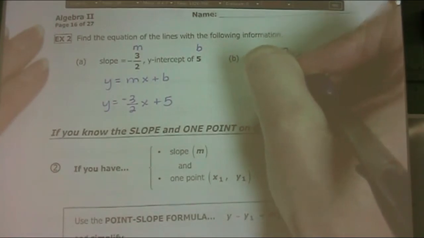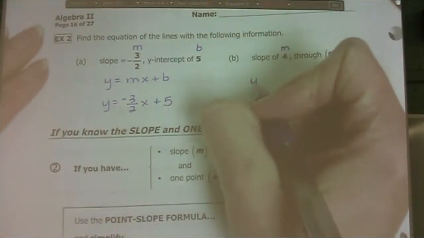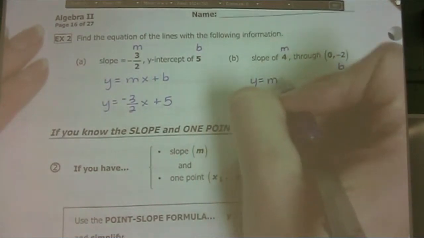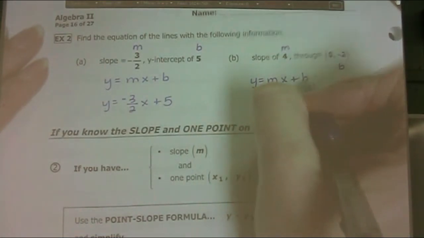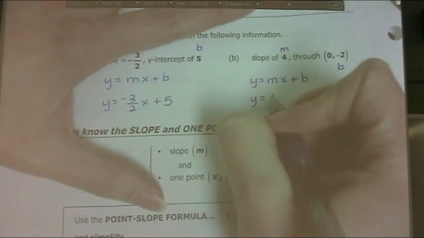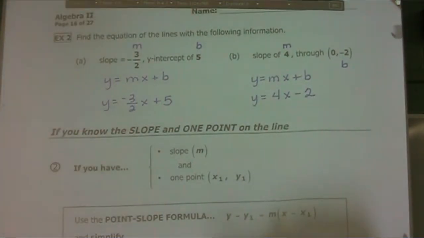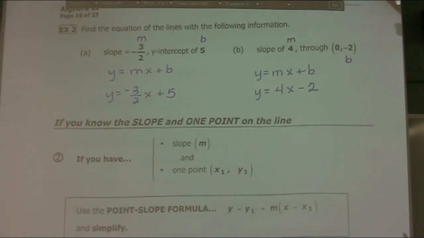The 4 is our m, the slope. So we're going to start with y equals mx plus b. We're going to plug in the m and the b. So we have y equals 4x minus 2, and we are done. Pretty easy. The next method is going to take a little bit more work on your part.